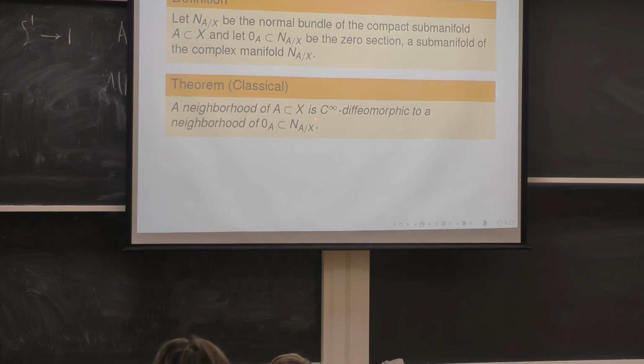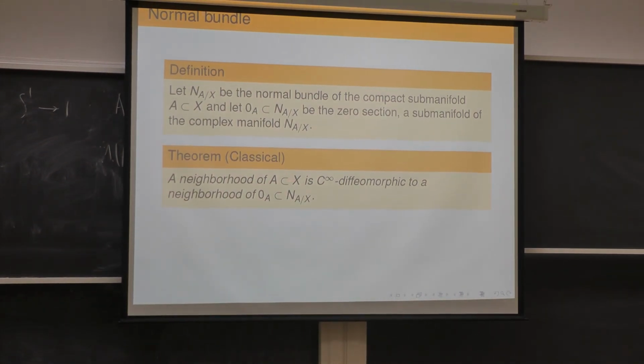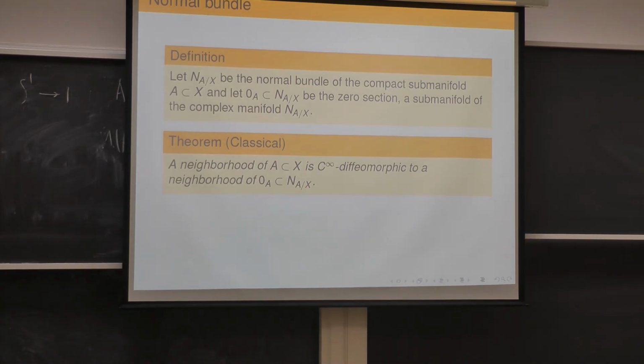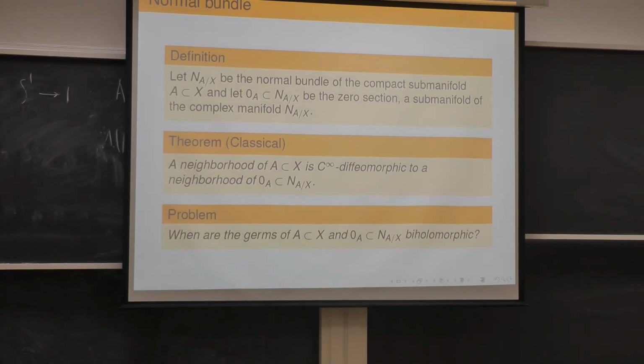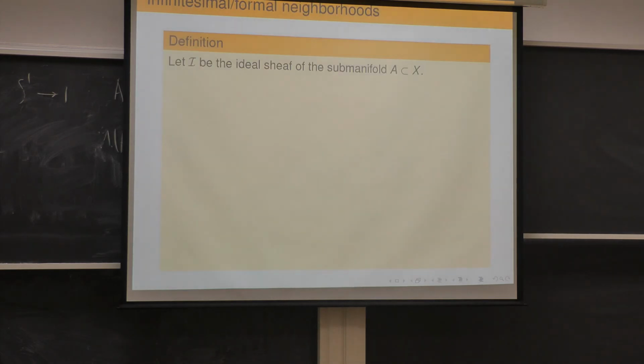So in differential topology, the only invariant is the normal bundle. But here we are interested in biholomorphic equivalence of germs. So this is usually not enough. We have to look at the higher order neighborhoods.